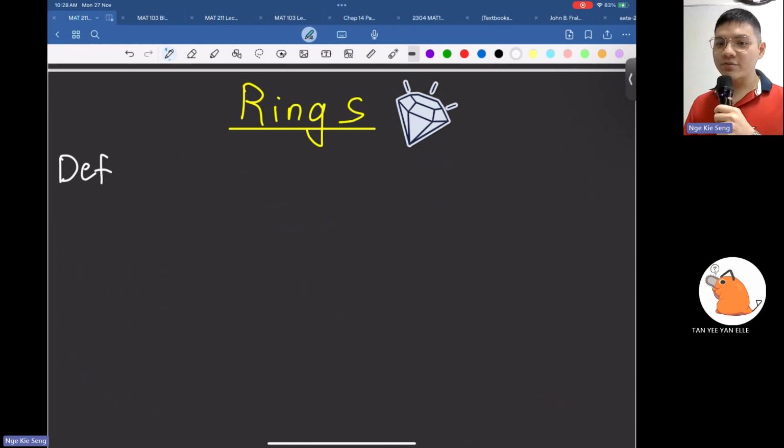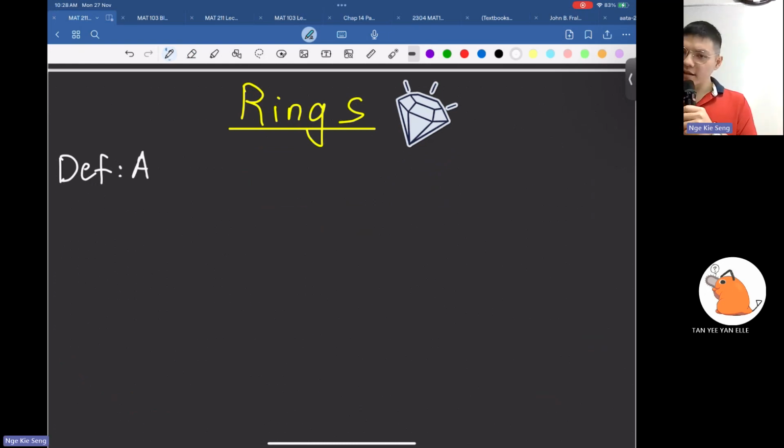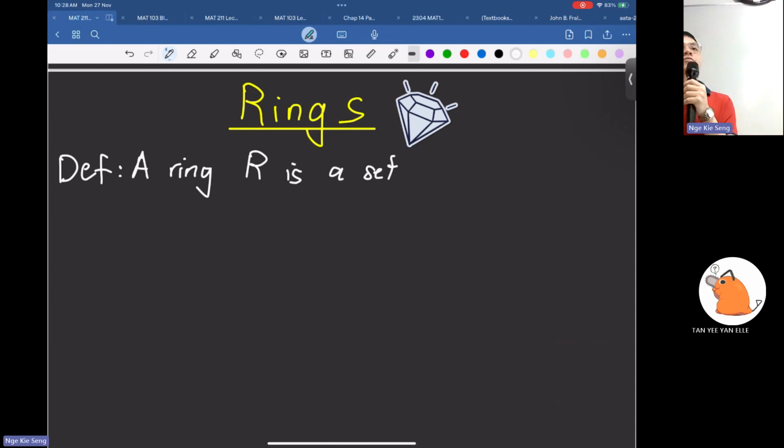So what's a ring? Is it a set or a map? It's a set. So what's the difference between rings and groups? Groups only have one law of composition, but rings have two. The typical example of a ring you should remember is the integers.